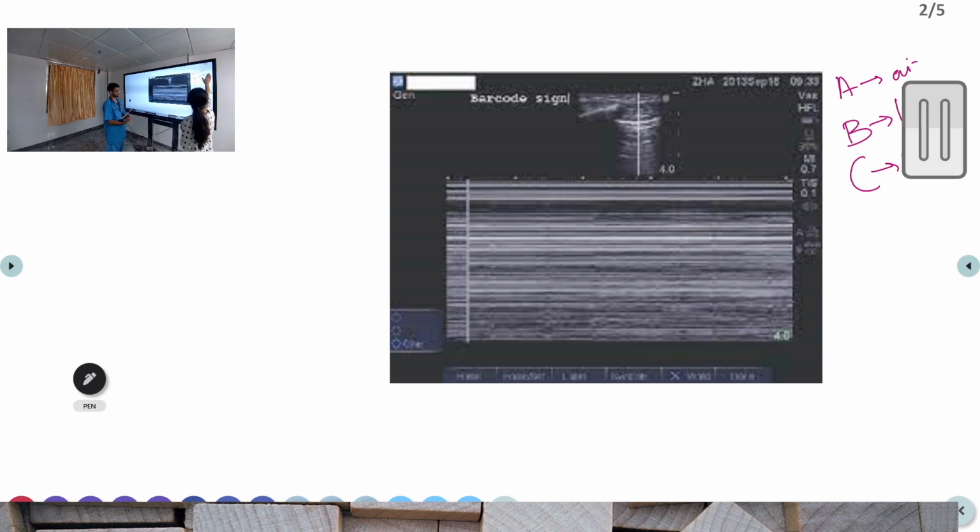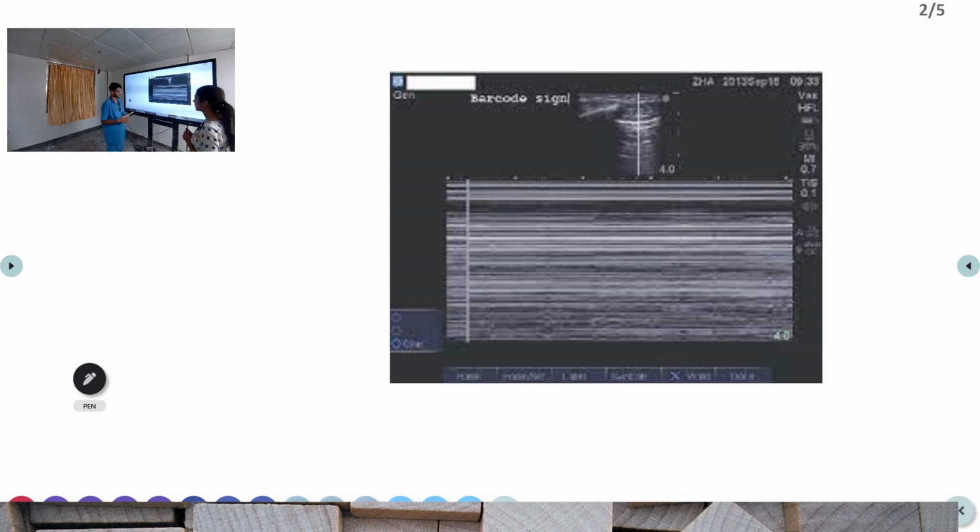Then what happened to this patient? The diagnosis was made because it's a COPD patient with pneumothorax. In pneumothorax, what all things did we tell? Absent lung sliding, barcode sign, and one more we will see: lung point.